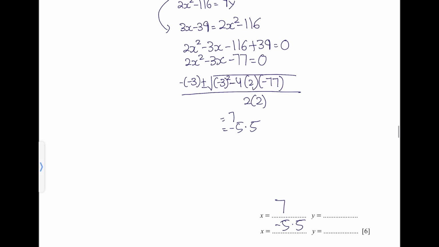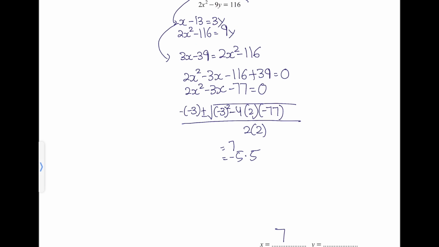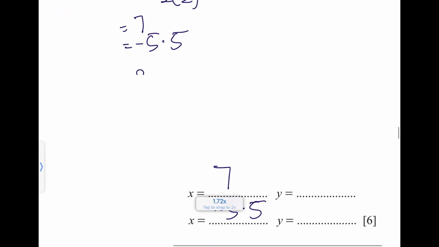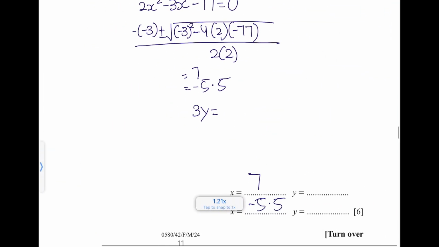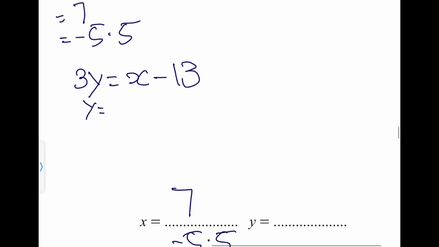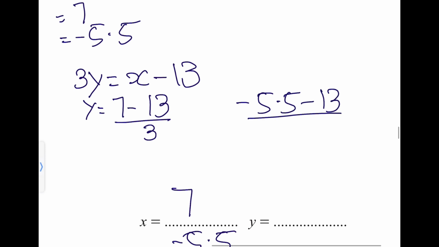However, we're not done, we need to find the y values. Now we know that 3y is equal to x minus 13. So then y would be equal to 7 minus 13 divided by 3, and also negative 5.5 minus 13 divided by 3.